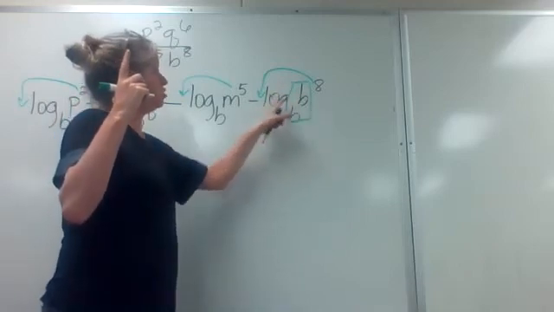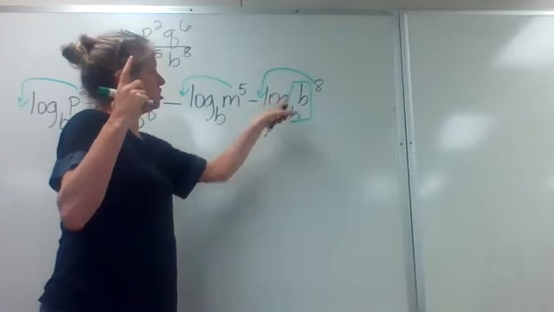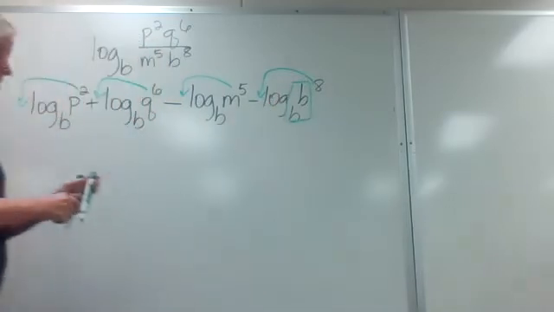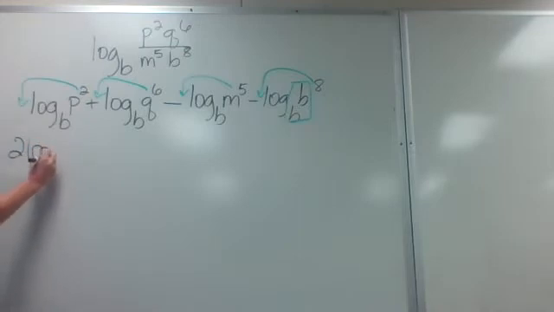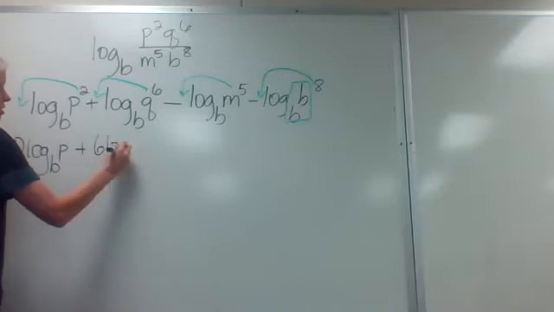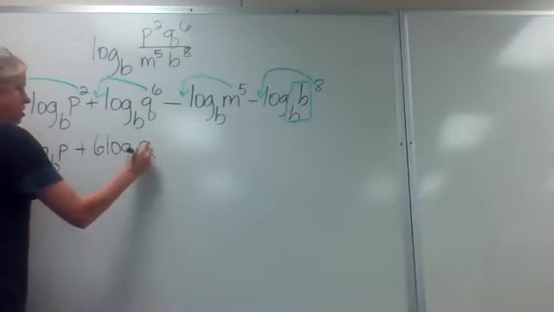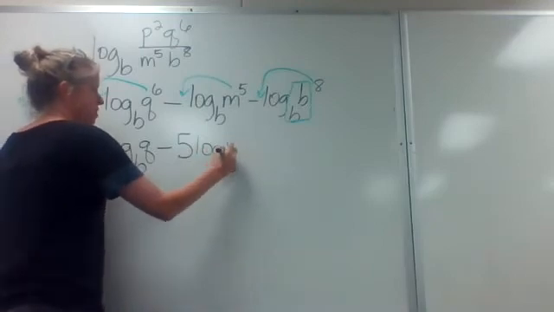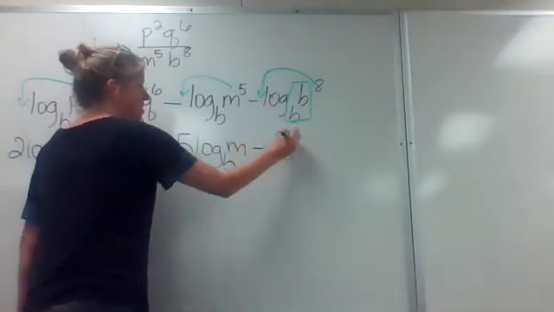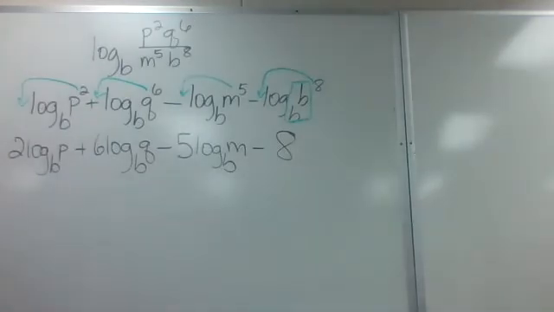So this whole thing turns to 1. So this very end is just going to be minus that 8. So let's see, I've got 2 log base b of p plus 6 log base b of q minus 5 log base b of m minus, like I said, that's just going to be minus 8 at the end there.